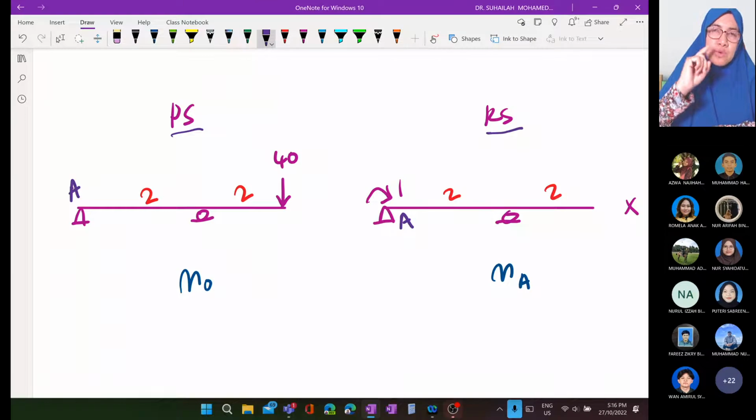Now we want to remove only one, so we have to remove the moment. When we remove the moment, the fixed becomes pin, so we have a determinate beam.